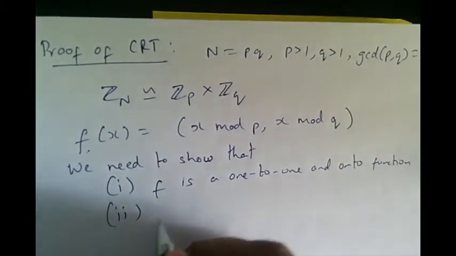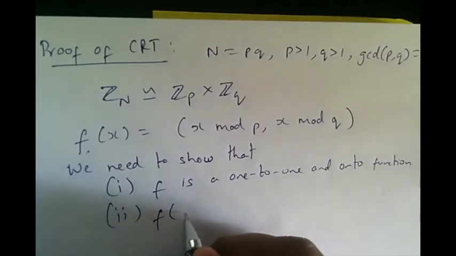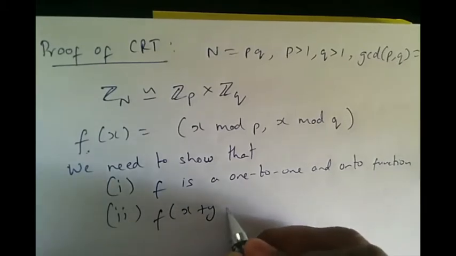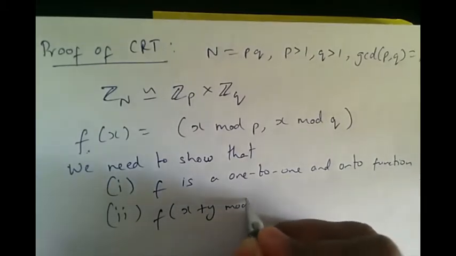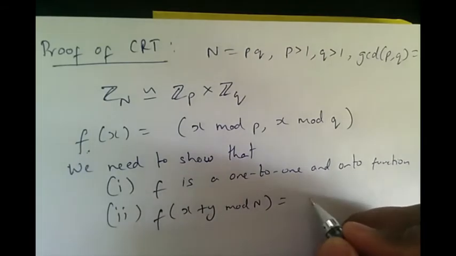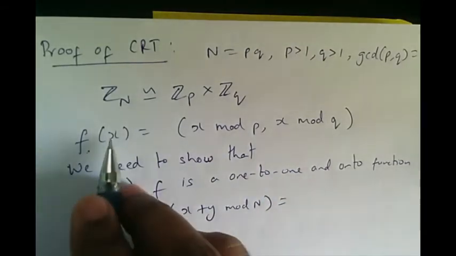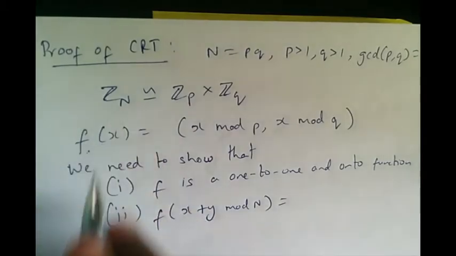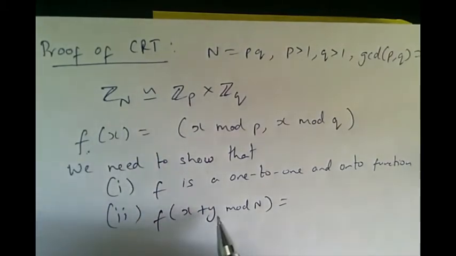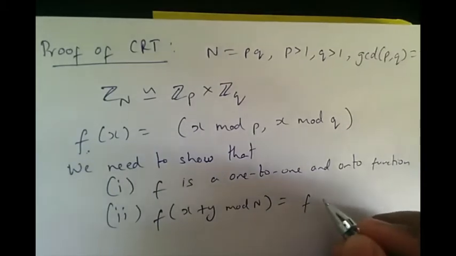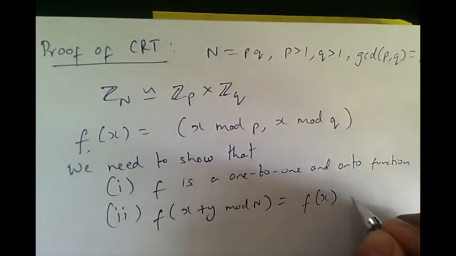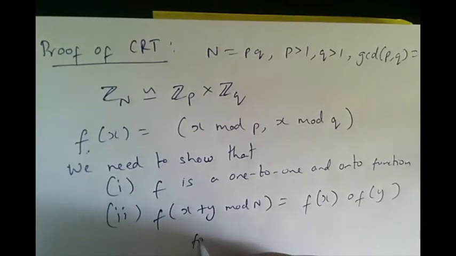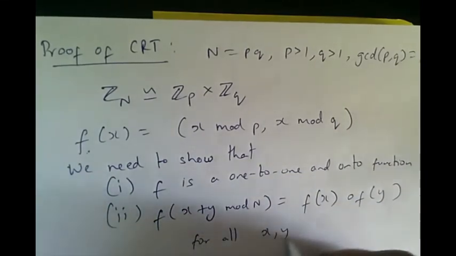Second, f of (x plus y mod n) is, that is, if you do the operation on any two arbitrary x and y in Zn, the result of that is f of x circle f of y for all x, y.